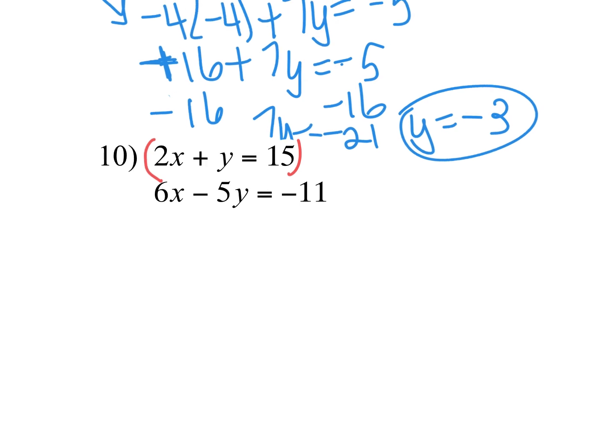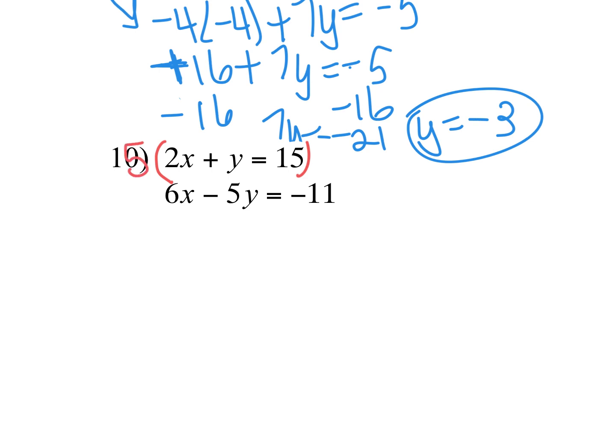So I'm going to multiply both sides of the equation by the same thing. I'm going to multiply it by 5 because that's going to give me a coefficient of 5 there. When I distribute, I'm going to write my new equation here, 5 through there, I get 10x plus 5y equals 5 times 15, which is 75.